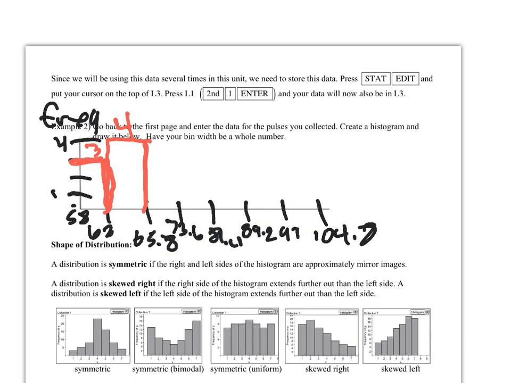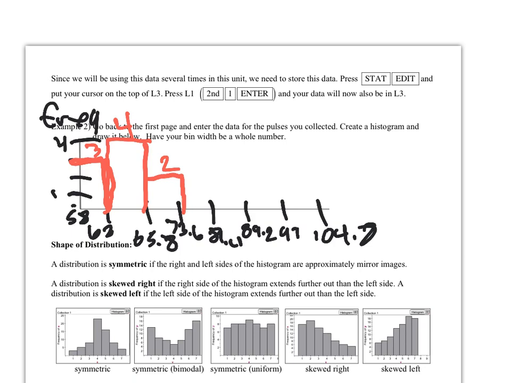Somebody take your calculator and do the left arrow key to get to the third bin. There was 2. So 2 would be here. And then at 81.4, there was 2 also. Are you sure?